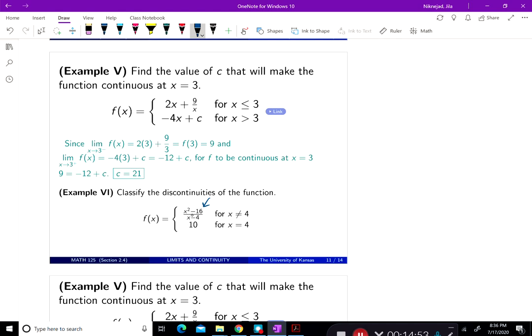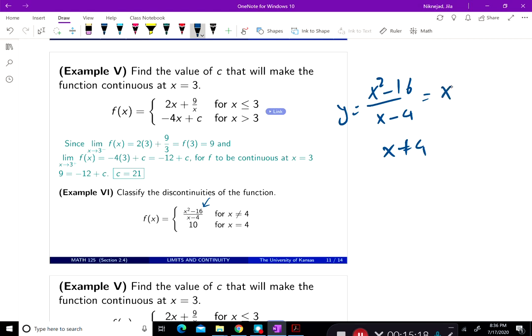Within its domain, y equal to x squared minus 16 over x minus 4 is continuous. Why? Because I can simplify this within its domain, that means x not equal to 4.